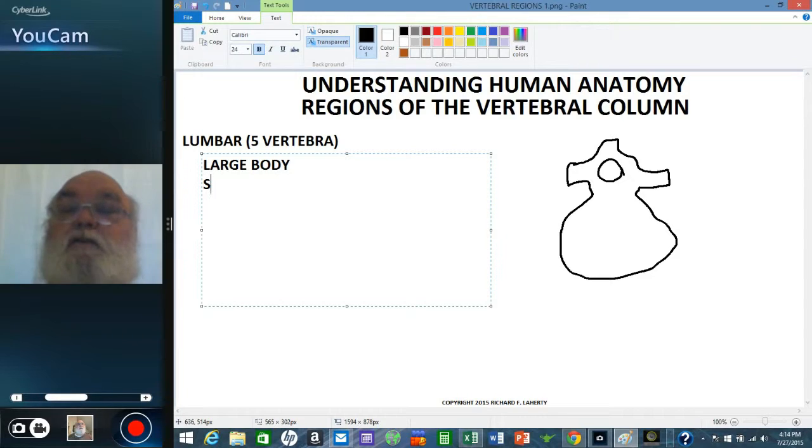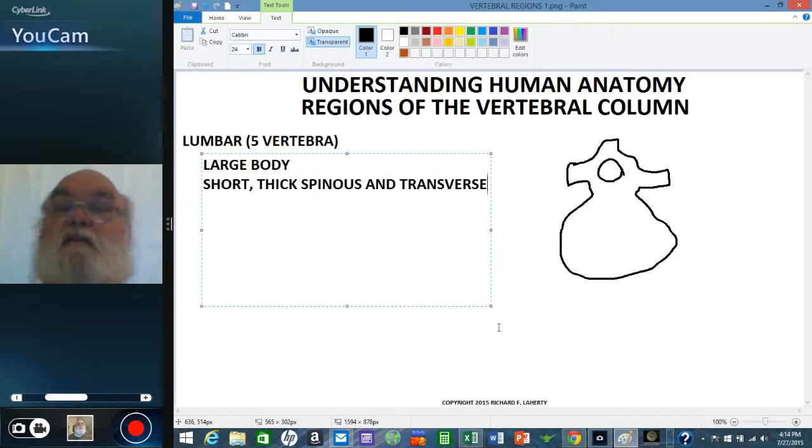They have short but very thick spinous and transverse processes. The muscles that attach to these vertebrae are rather strong muscles, so you need a good, strong, solid structure to attach to.